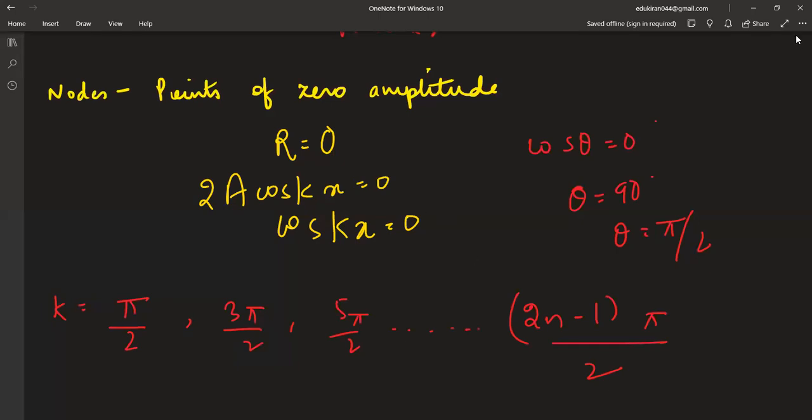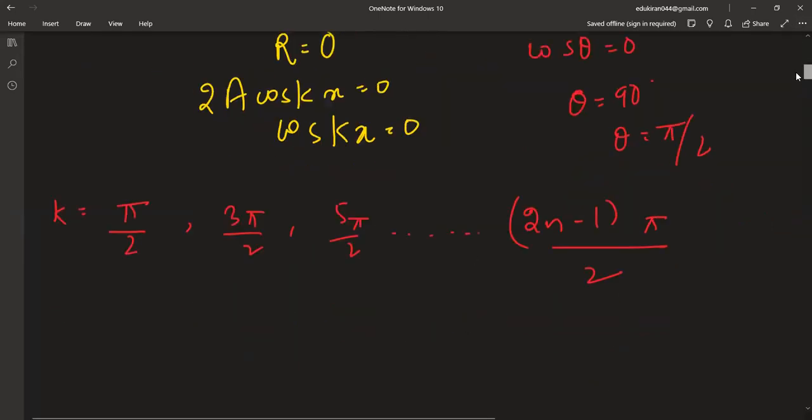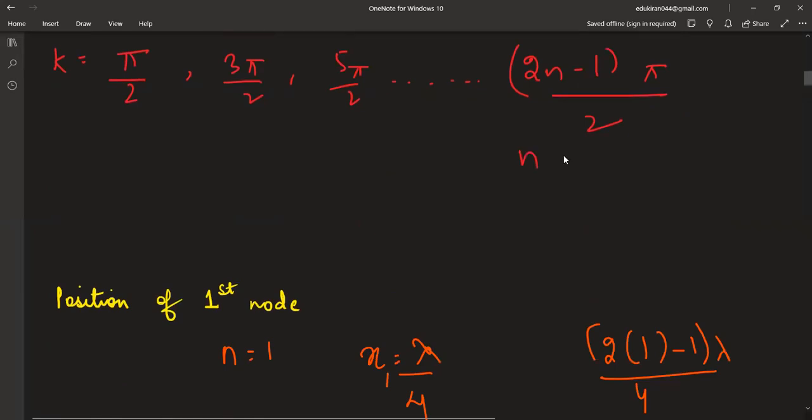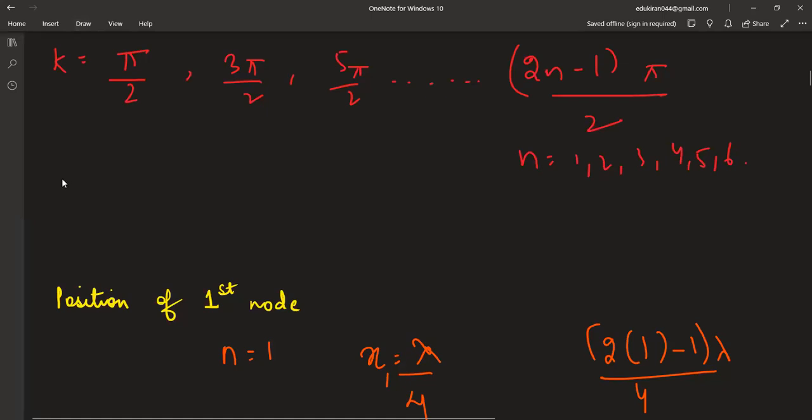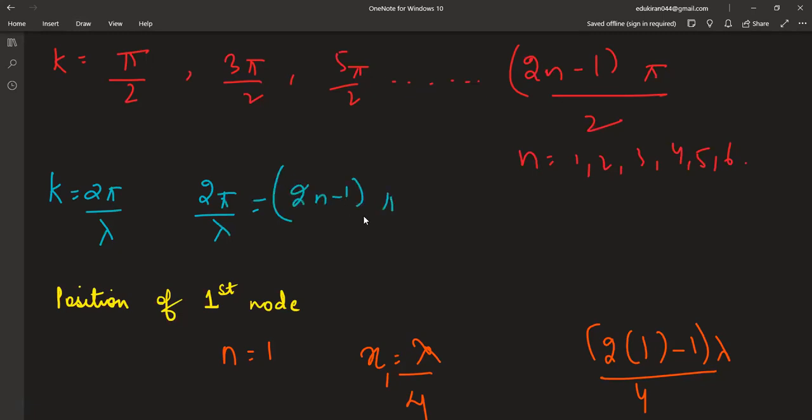Here n is any number: 1, 2, 3, 4, 5, 6, up to any number. I already told you a relation with the wavelength: k is equal to 2 pi by lambda, so I can equate 2 pi by lambda with 2n minus 1 pi by 2.